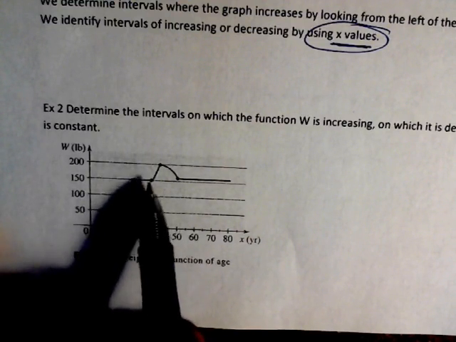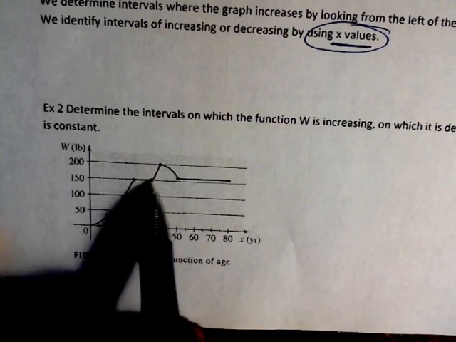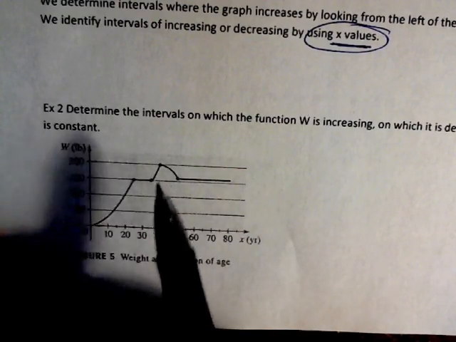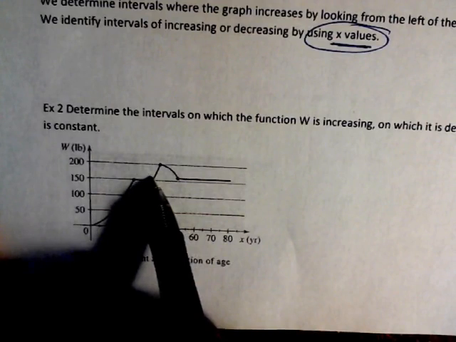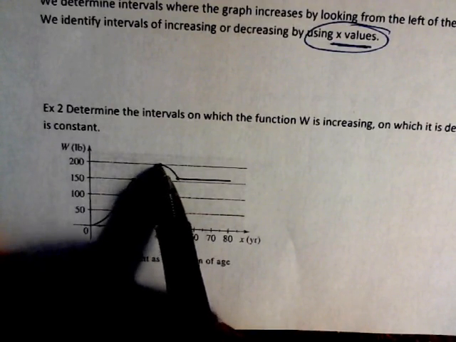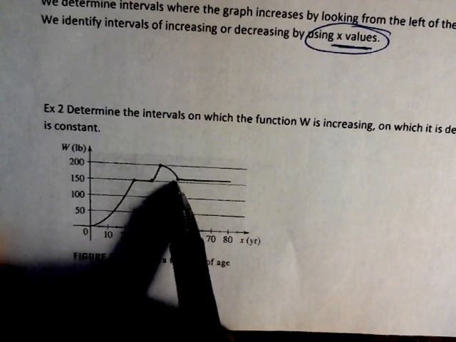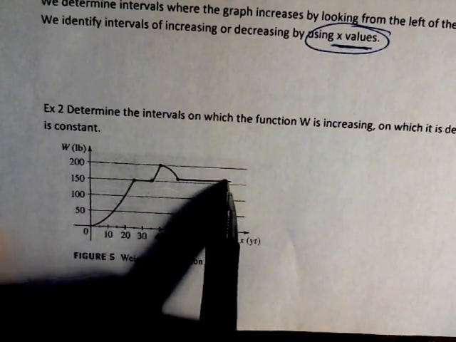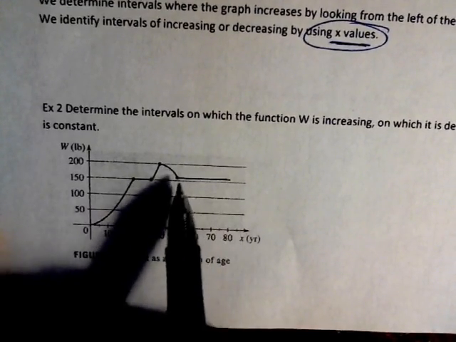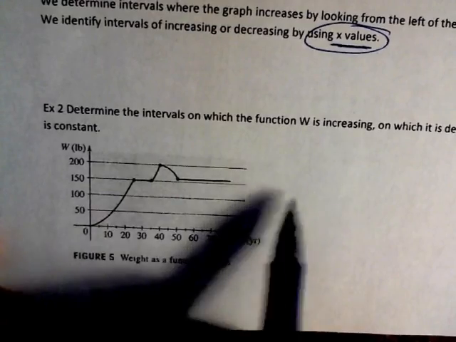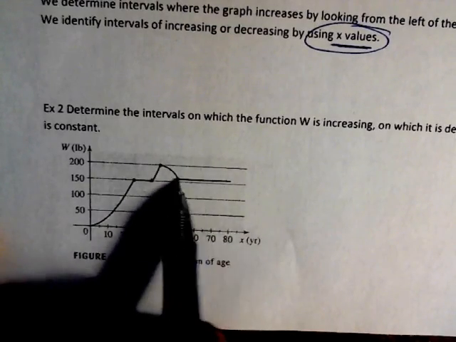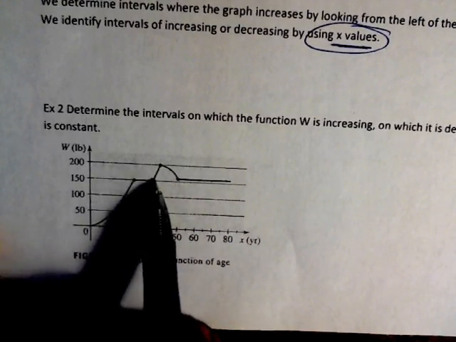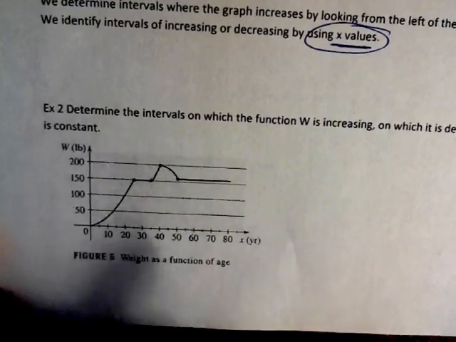You get to about 20 to 30, and for most people, it might stay the same. Then all of a sudden, you gain 50 pounds. Then you lose those 50 pounds. And then you stay constant. Not me. Mine goes up, down, up, down, up, down, up, down. But anyway, so you've got increasing, constant, increasing, decreasing, and constant.